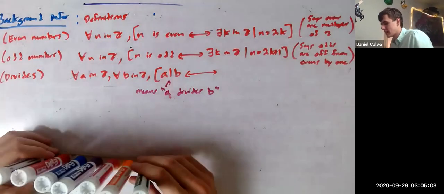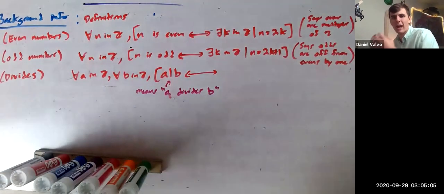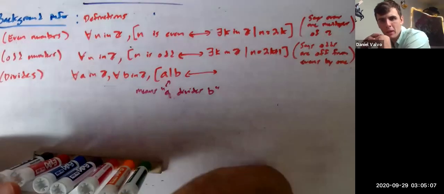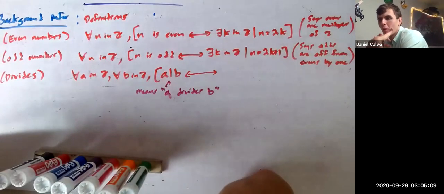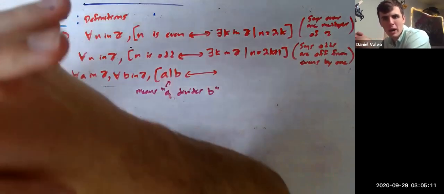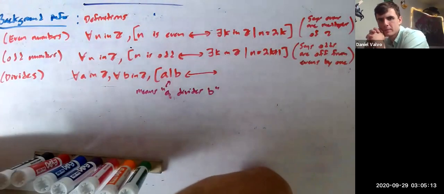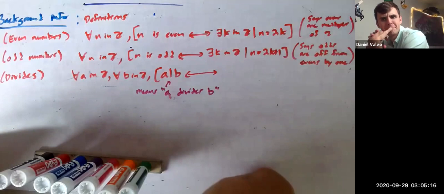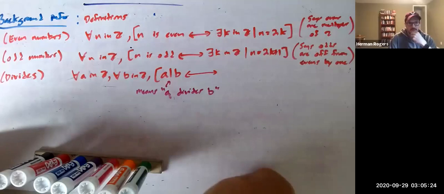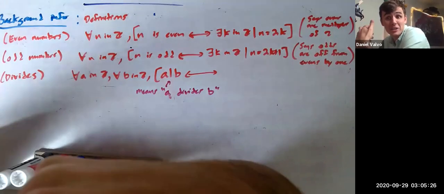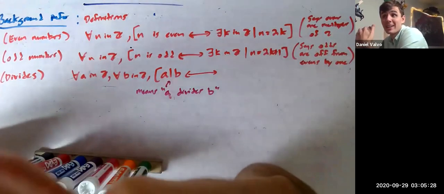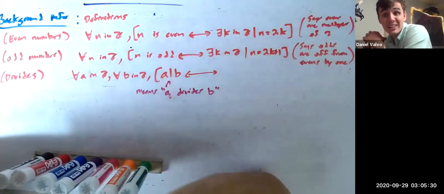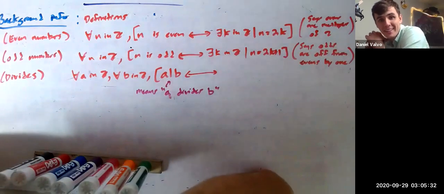And what do you guys think? How would you define this notion of a divides b? For example, we say 3 divides 6. Why does 3 divide 6? Because it goes into 6 twice. Is that right? Yeah, because it goes into 6 a whole number amount of times, or an integer number of times, right?